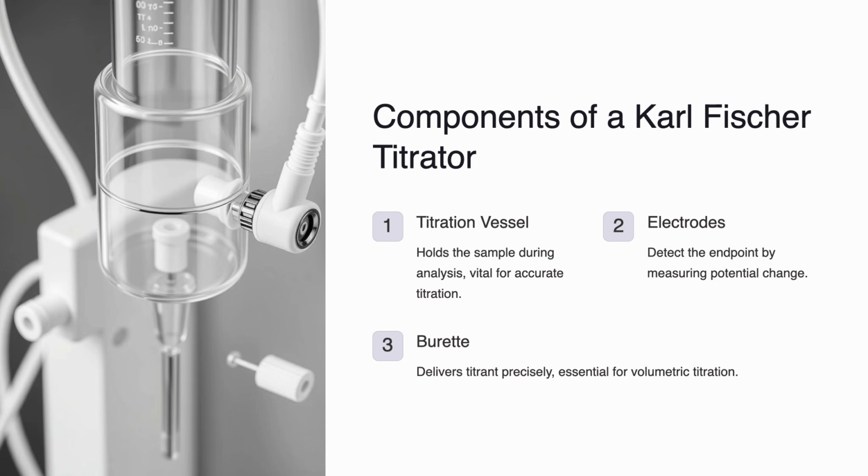The detector sends a signal to the titrator when the iodine is fully consumed, indicating the end point of the titration. To ensure uniform mixing, a stirring mechanism is also used. A magnetic stirrer ensures that the sample and reagents in the titration cell are uniformly mixed throughout the titration process.